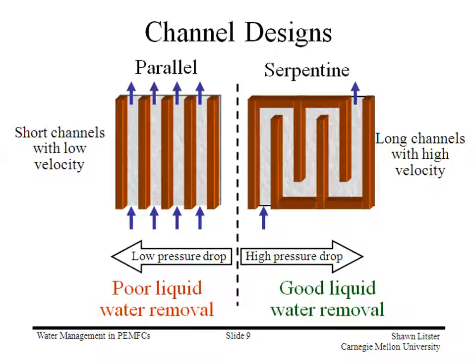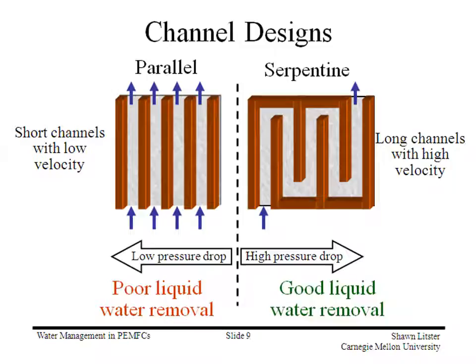You have a large number of parallel channels. So what you can see here is, if you have a large number of parallel channels, the gas velocity in any one of the channels is not very high compared to a serpentine case, in which you have one channel that weaves its way throughout the active area.